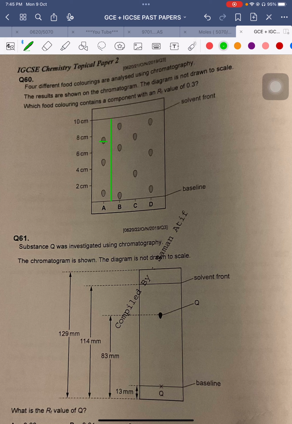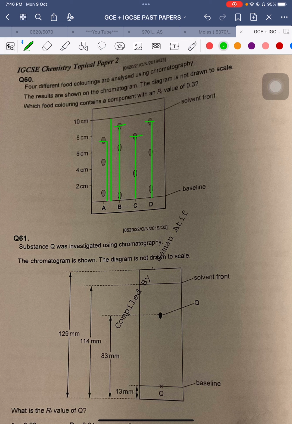So this is the distance in the center, and this is the distance traveled by A, this is the distance traveled by B, this is the distance traveled by C, and this is the distance traveled by D. Okay, so you are going to take the distance of A divided by solvent, distance of B divided by solvent, distance of C divided by solvent, and distance of D divided by solvent.